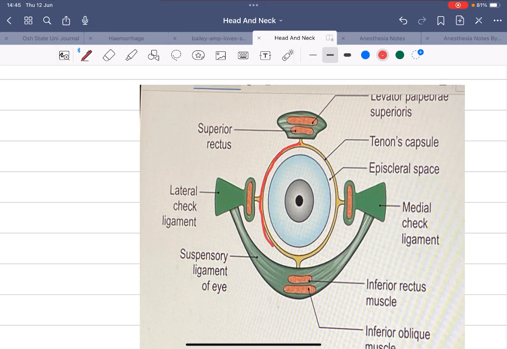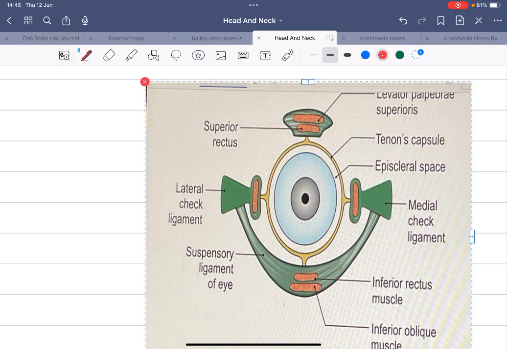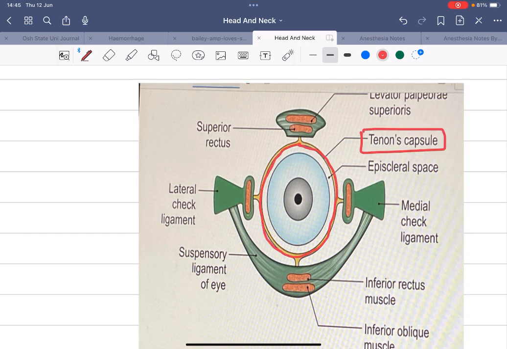This is your bulbar fascia, and when it is covering the eyeball, this is known as Tennant's capsule. Between the eyeball and the Tennant's capsule, this space is known as episcleral space. And now it is forming here the lateral check ligament and the medial check ligament.